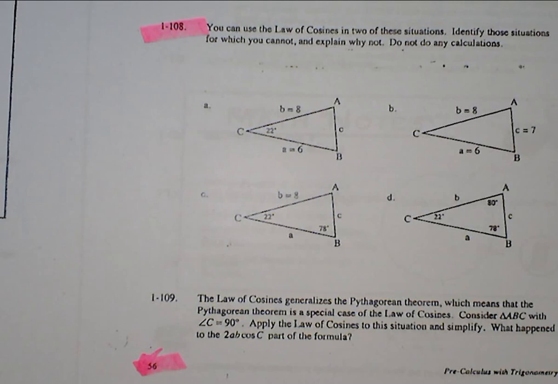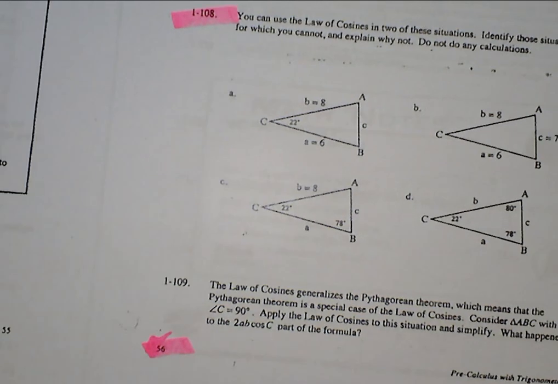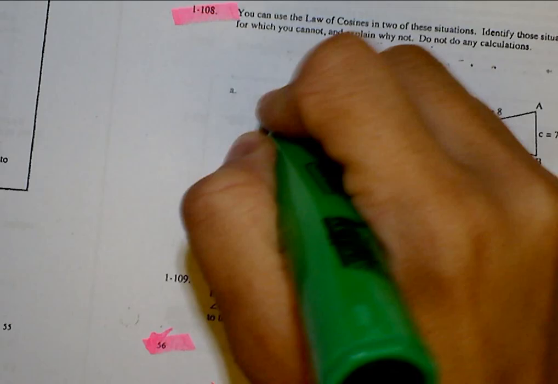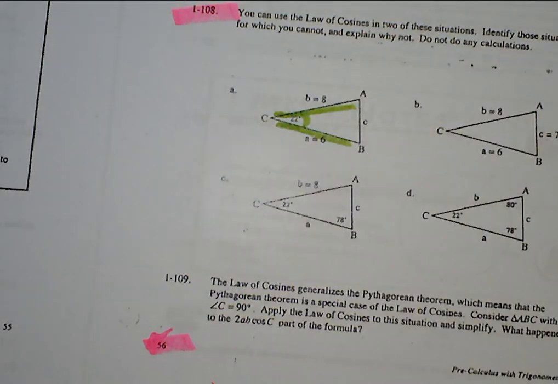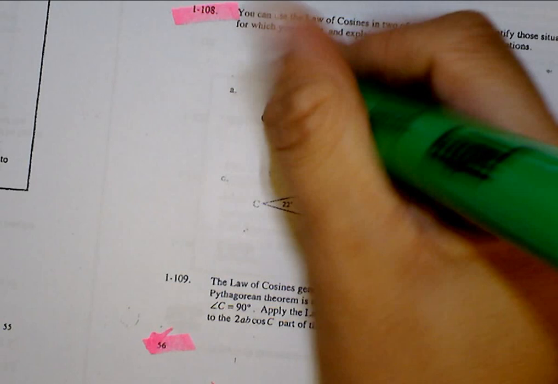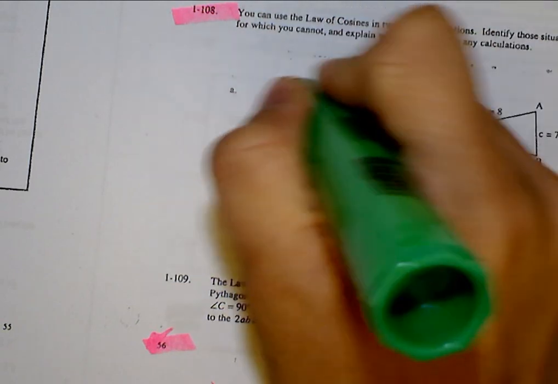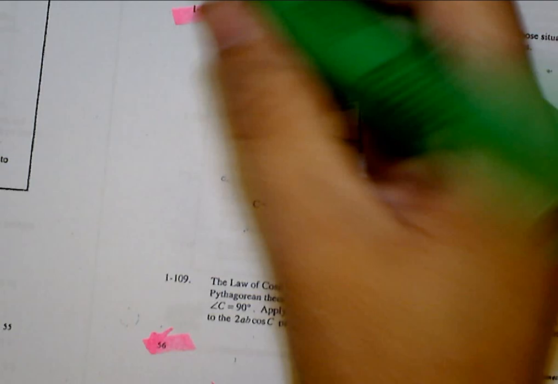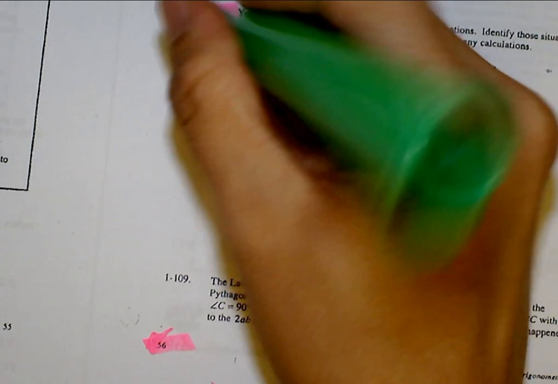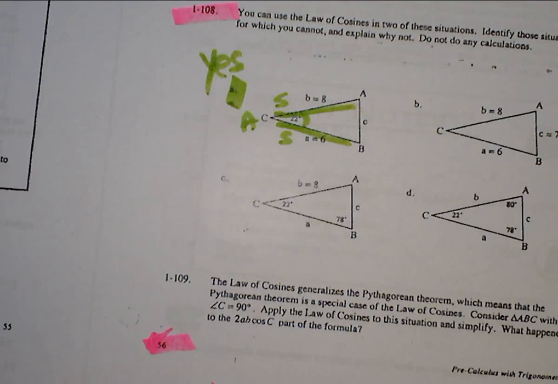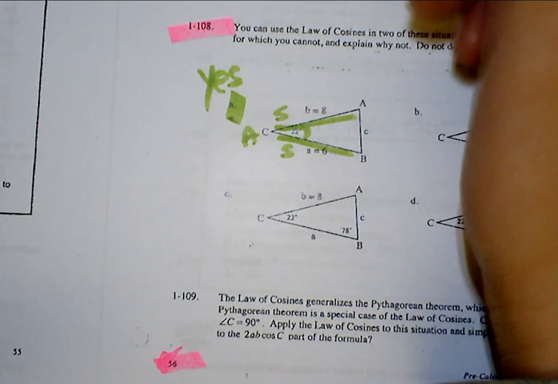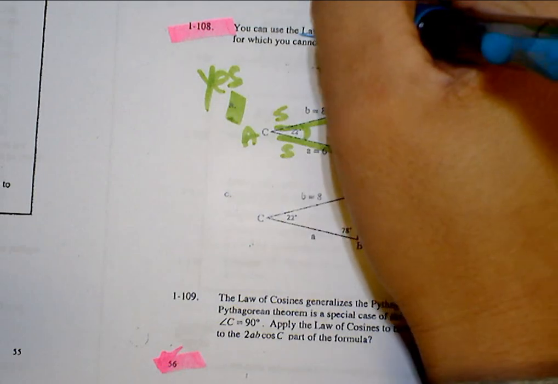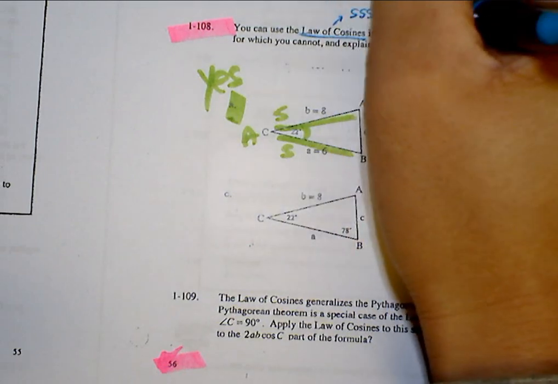Oh, wow, I think this is pretty much the same problem. But here we have side, angle, side, right? So we should be able to use this, because the law of cosines, remember, works for side, side, side, and side, angle, side.